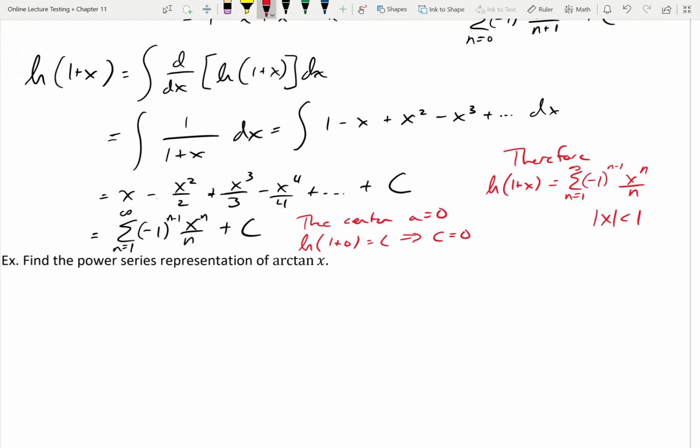When plugging 0 in for x, I'm going to get the natural log of 1 plus 0 is equal to just C because all of this goes to 0. And so that implies C is equal to 0. So therefore, this is our power series representation of the natural log of 1 plus x. And again, make sure you make this correction that this is n minus 1, just to make sure that it's starting at a positive term and then goes to a negative.